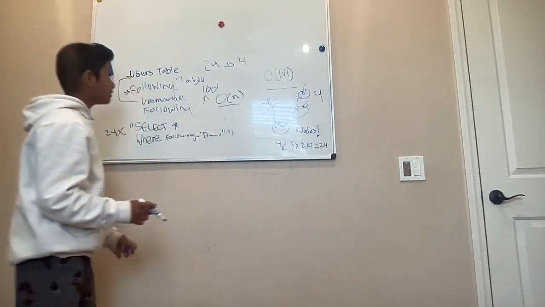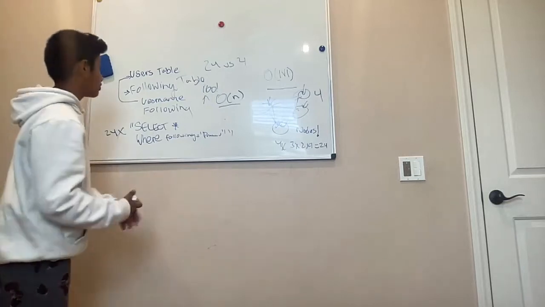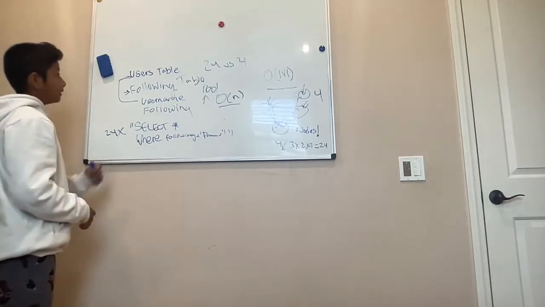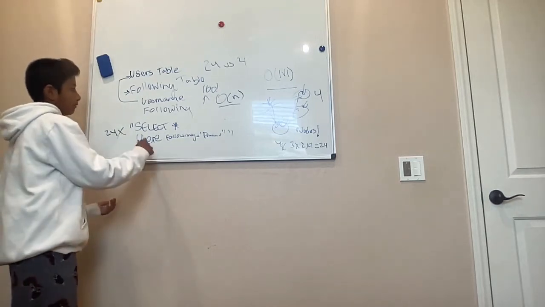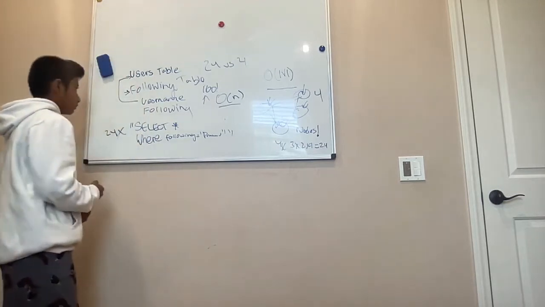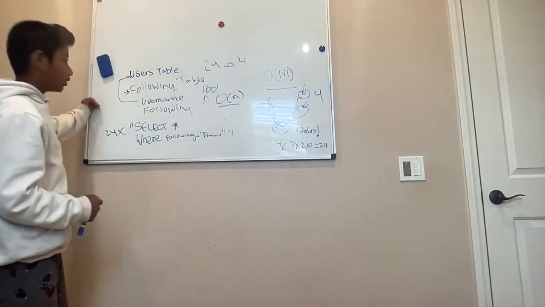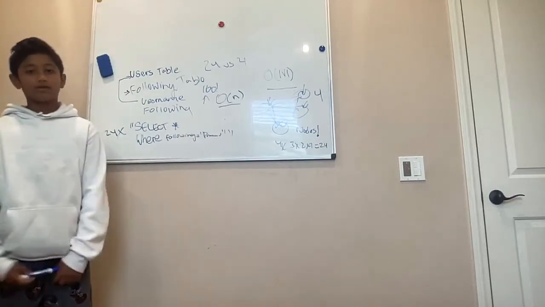So you can see in this worst case scenario where everybody's following everybody else, there is a huge difference between our big O of n and our big O of v. So that is the difference, and that's why we want to use a graph database for this specific use case.